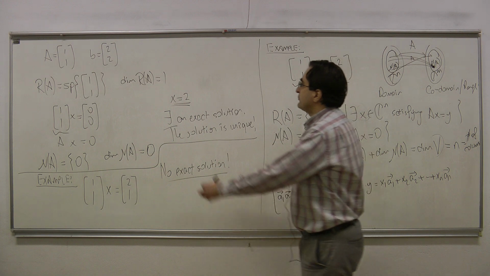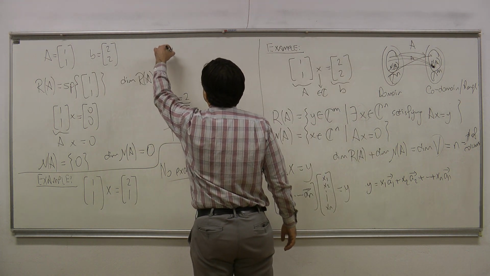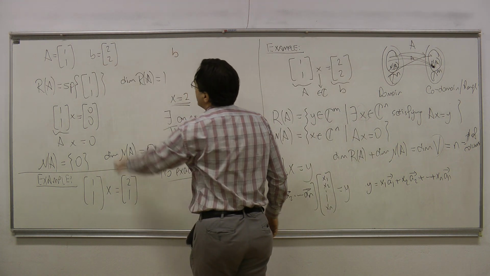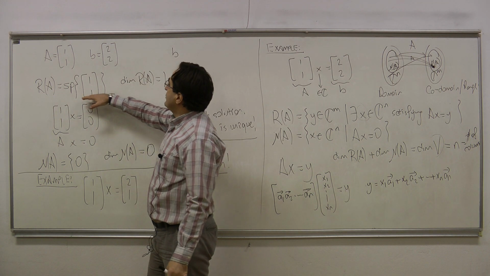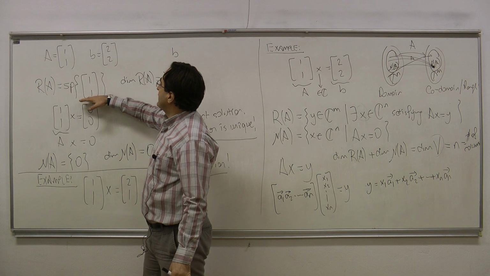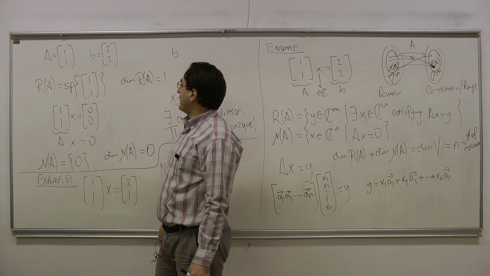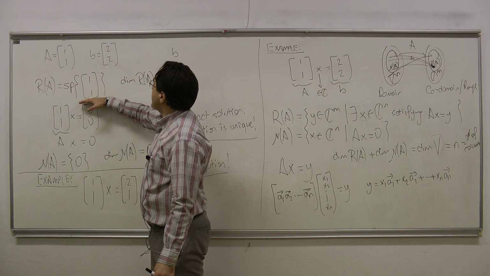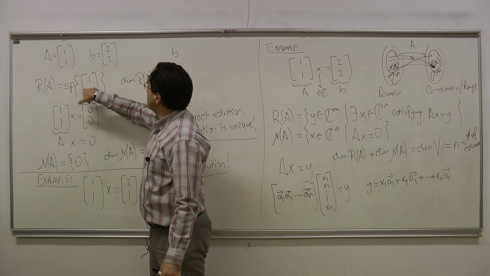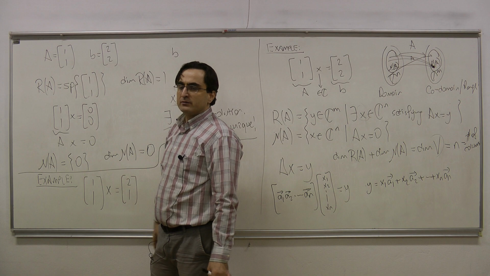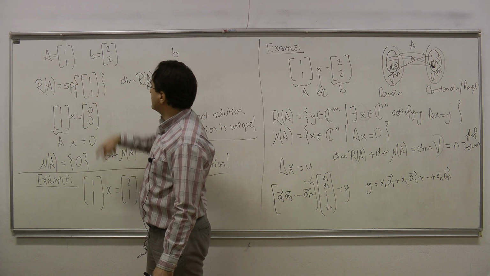In the first example, b is 2, 2. Do you think it is inside the range space? I know that if I have a one-dimensional linear space, any vector in this space can be written as a scalar multiple of this 1, 1. Let us say alpha times 1, 1.